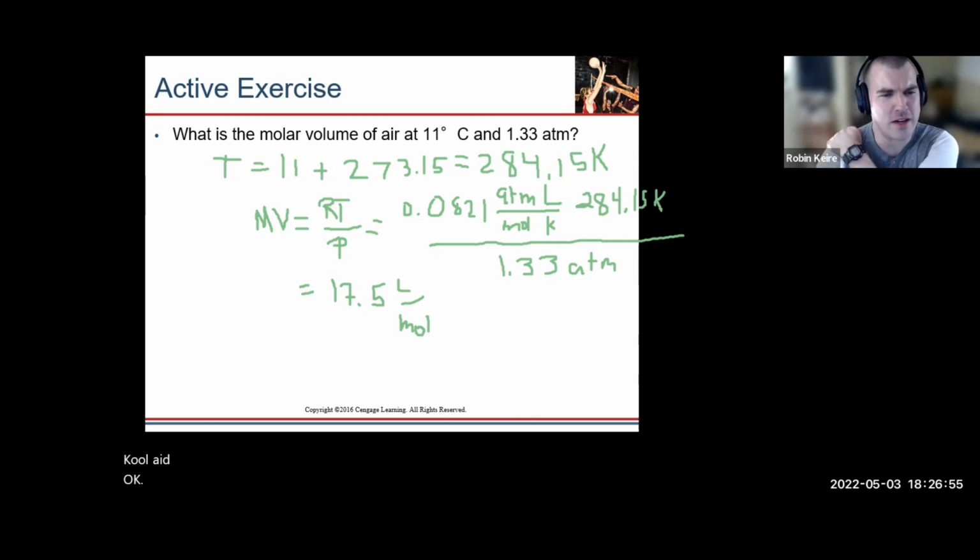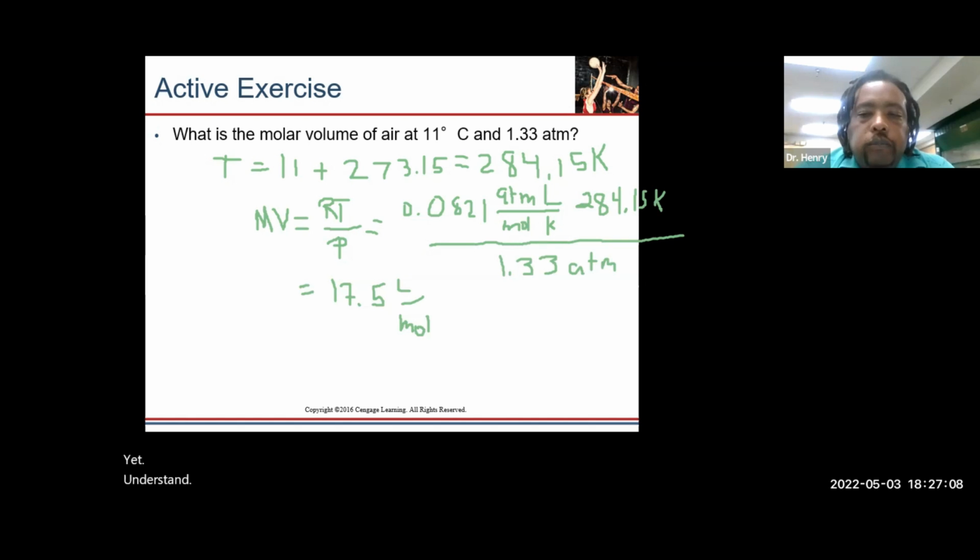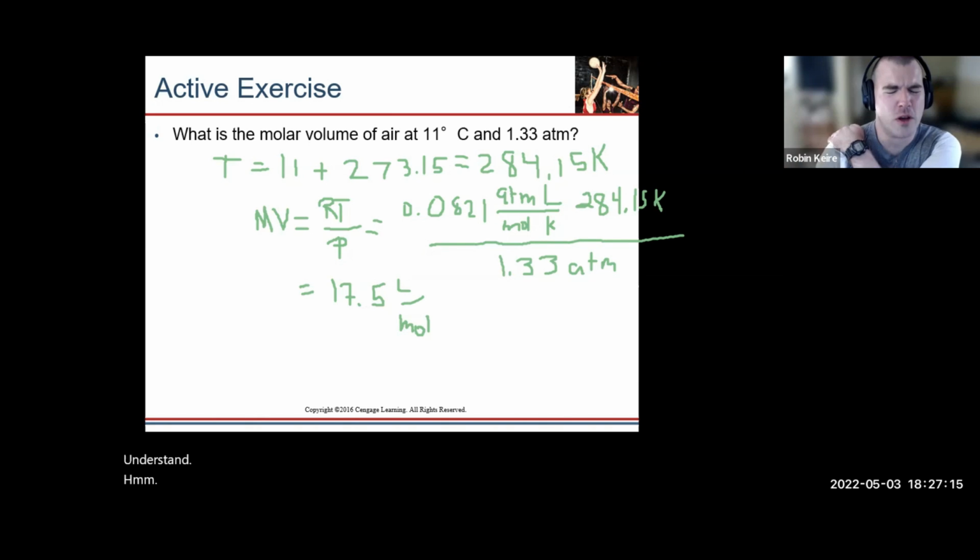I guess my question is, I don't think I quite understand, we're able to figure out the molar volume, and regardless of what gas it is at that temperature and pressure, it's going to be 17.5 liters per mole.